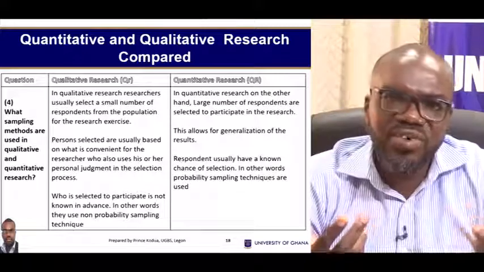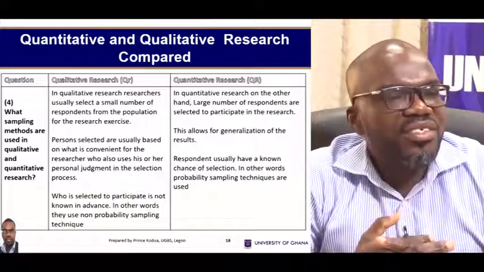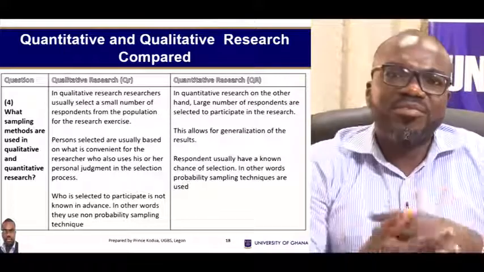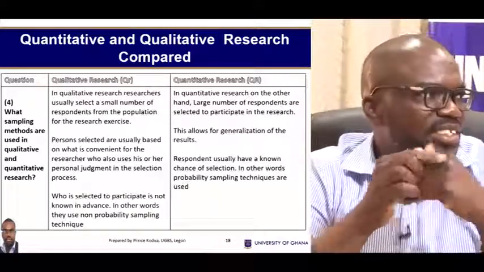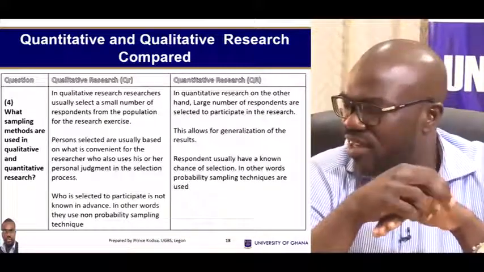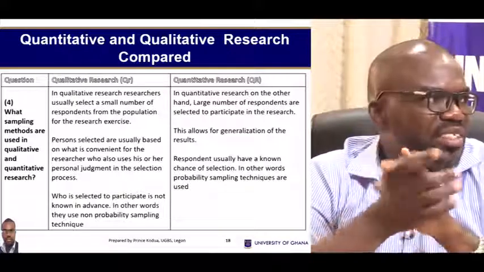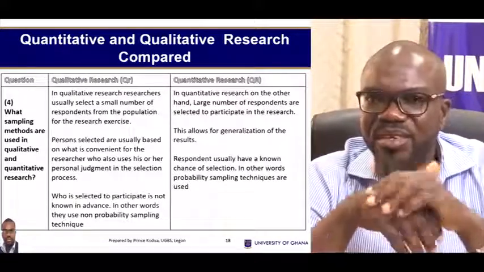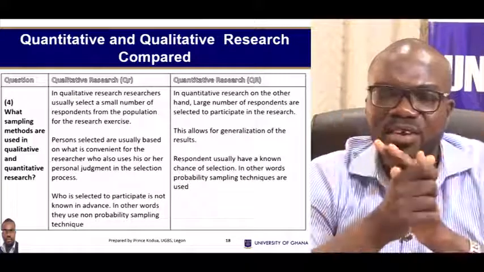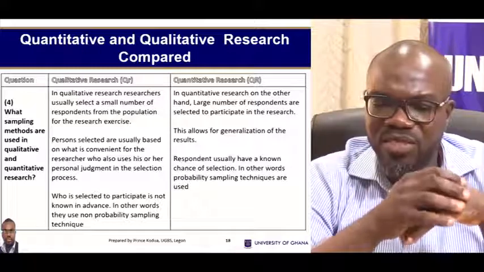It also allows for generalization of results. In qualitative research, because of the way we collect data, it will not be prudent to want to do a generalization. But a well-administered quantitative study places a lot of confidence in us as marketers to do a kind of generalization.